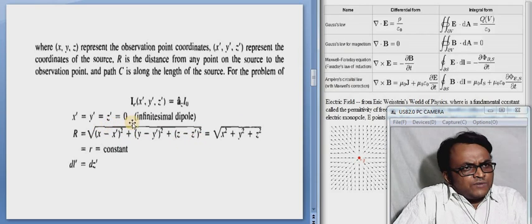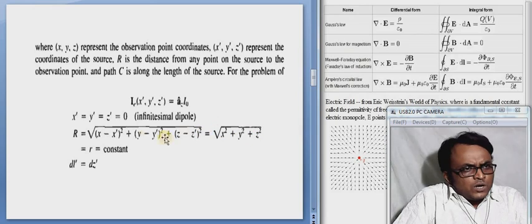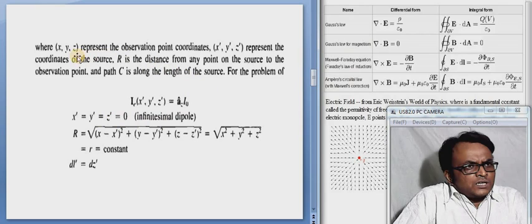As it is a very small dipole antenna, we can assume that r is the square root of x squared plus y squared plus z squared, because x dash, y dash and z dash are 0. That is, x, y, z represent the observation point coordinates, and x dash, y dash, z dash represent the coordinates of the source.